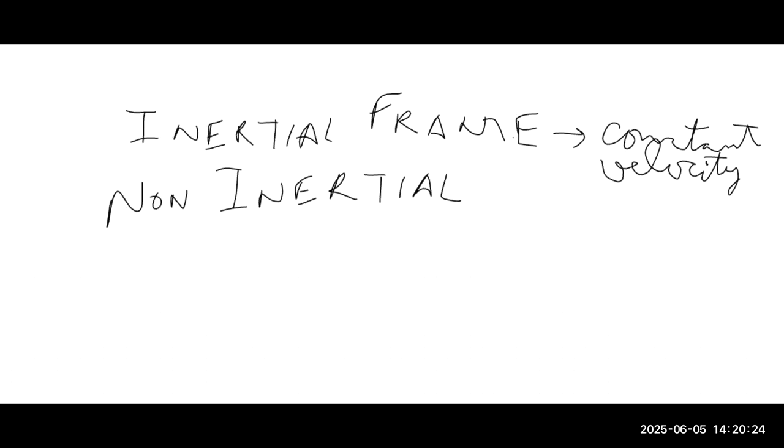There are two types of relativities. First of all, the first type is known as the special theory of relativity, and this is relativity applicable for inertial frames.